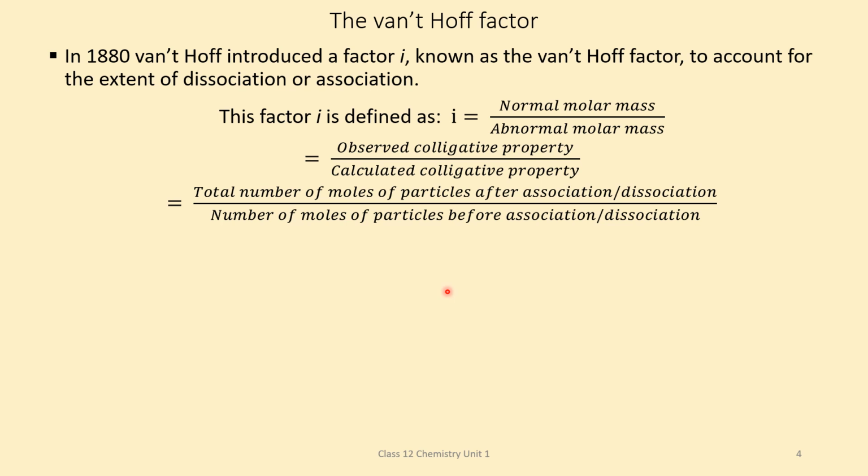In case of association, the value of i is less than unity, while for dissociation it is greater than unity. For example, i for aqueous KCl solution is nearly equal to 2, while the value for ethanoic acid in benzene is nearly 0.5.